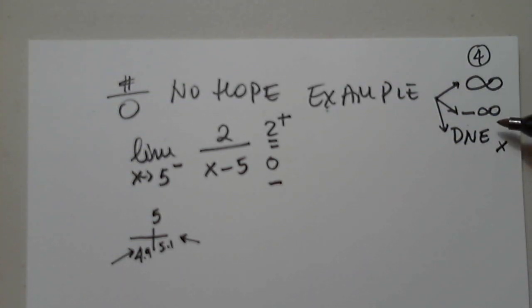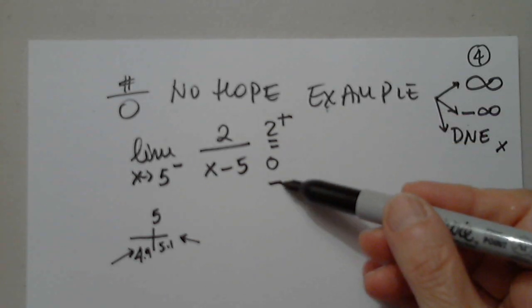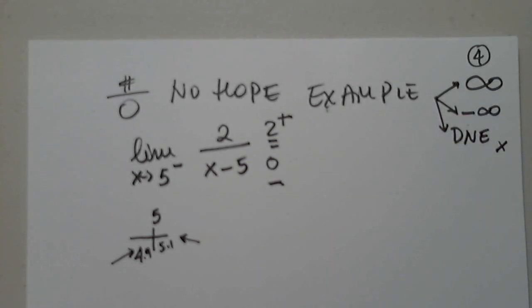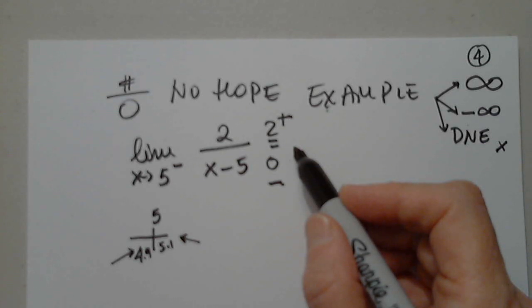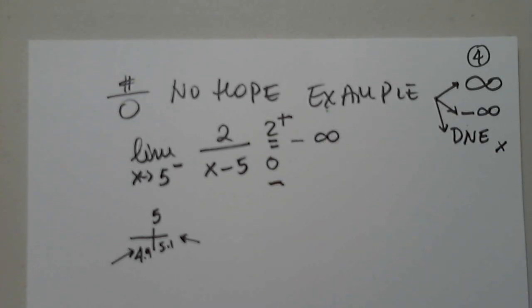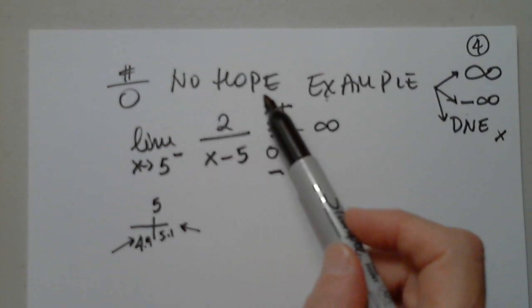Which of these 2 will you pick, based on positive at the top and negative at the bottom? Negative infinity. That's it. Exactly. So this is an example of no hope.